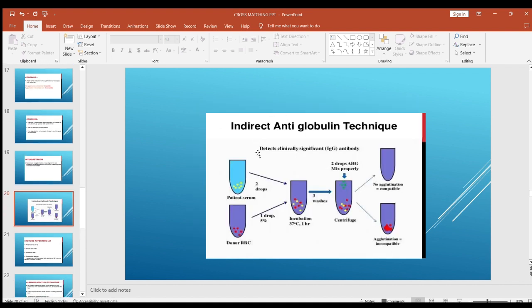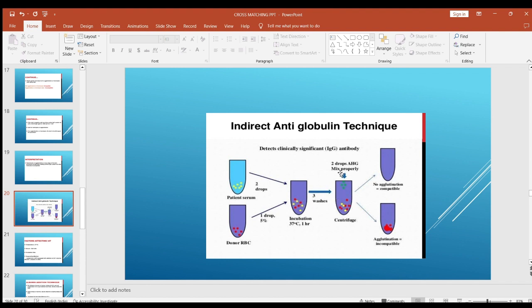This is the pictorial representation of the anti-globulin technique. To 2 drops of the patient serum, we have to add 1 drop of 5% RBC, donor RBC cells, and incubate this mixture at 37 degrees centigrade for 1 hour. Then wash the sample 3 times.